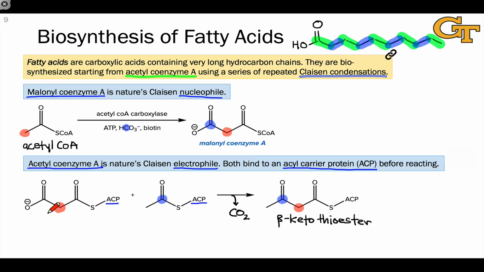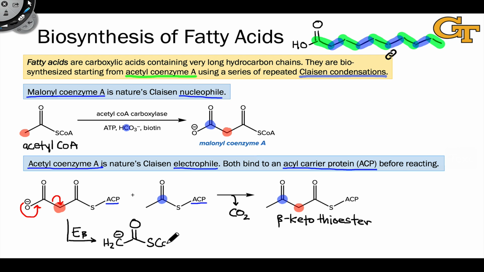And one quick note about the decarboxylation. Notice that if we eliminate CO2 from this intermediate by kicking off this carbon as a leaving group, the molecule that we end up with is the enolate of acetyl-CoA. So really, the use of malonyl-CoA as the nucleophile comes down to this ability to decarboxylate, eliminate CO2, and generate an enolate in the process.